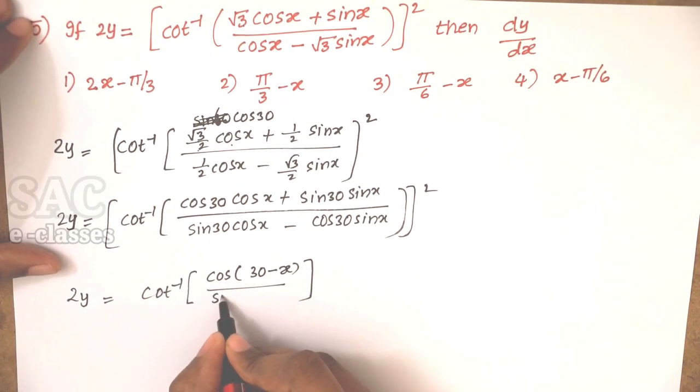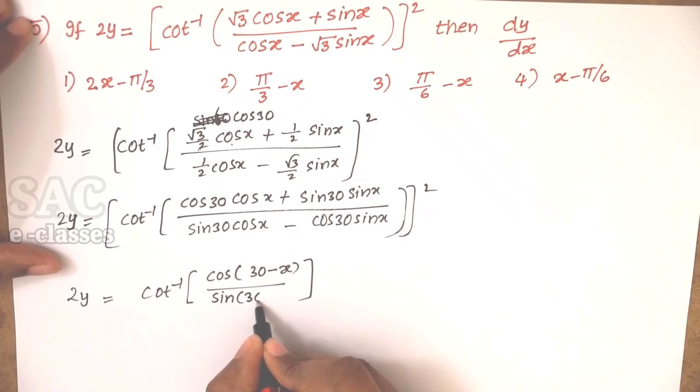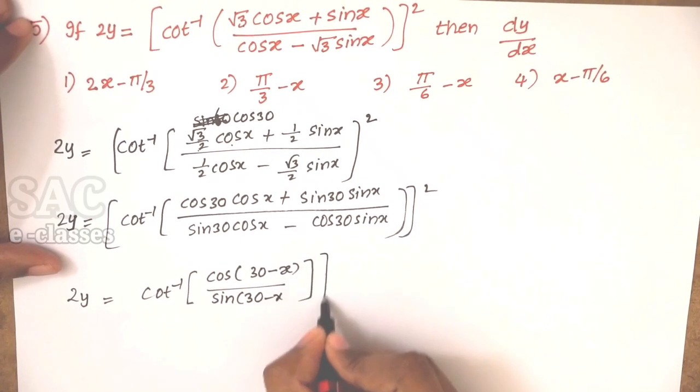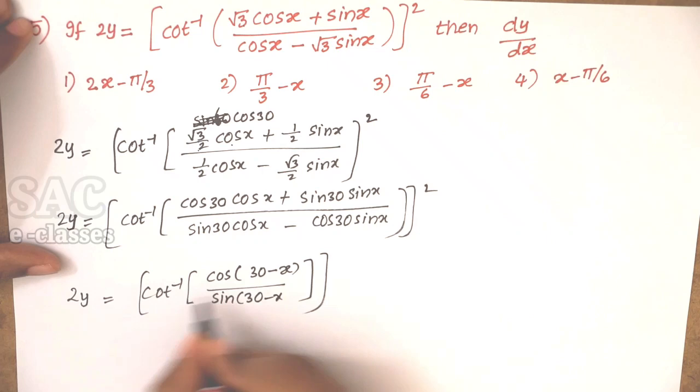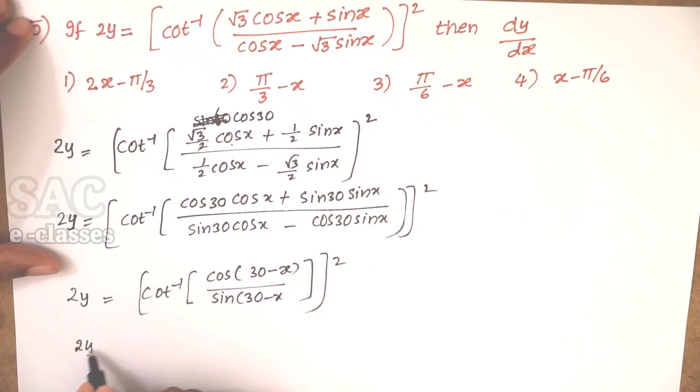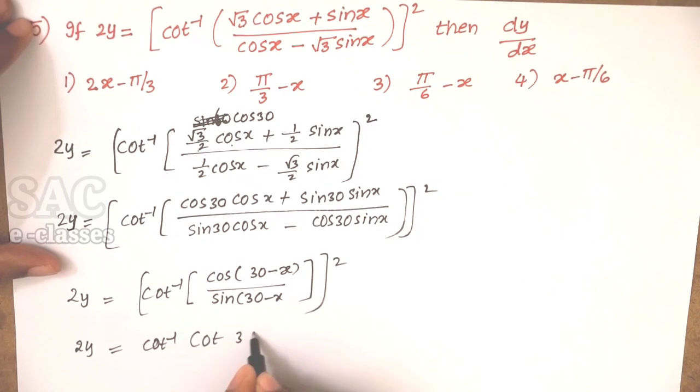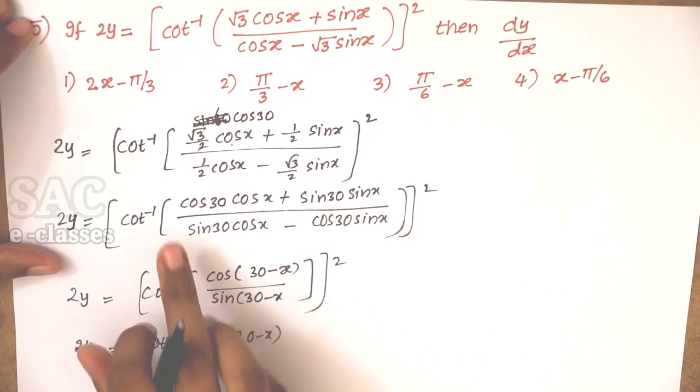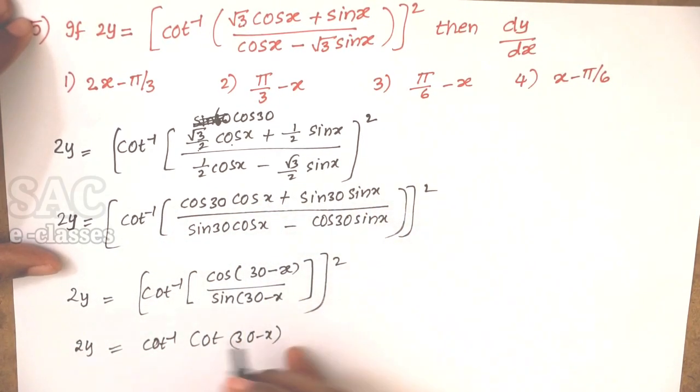Next, it has sin of 30 minus x whole square. So 2y is equal to cot inverse cot of 30 minus x, because it looks like cos A cos B plus sin A sin B.